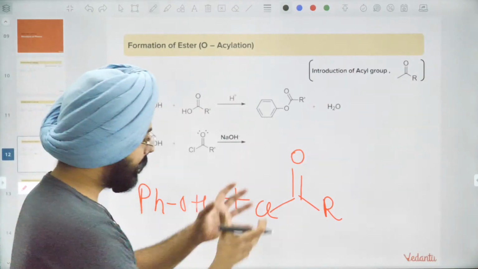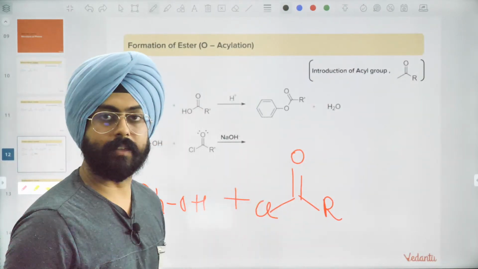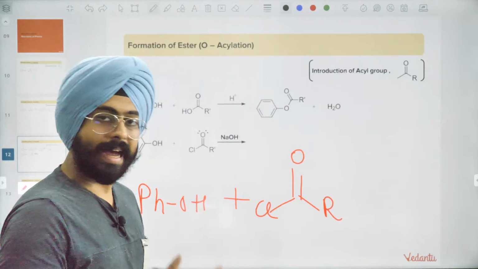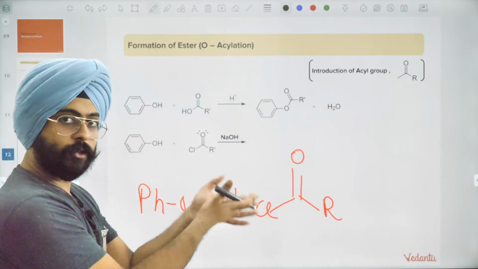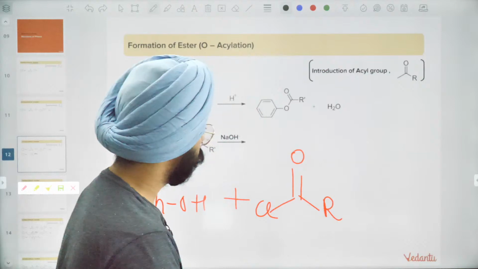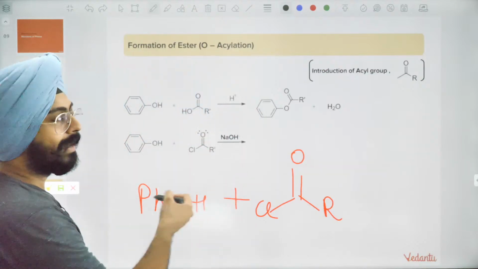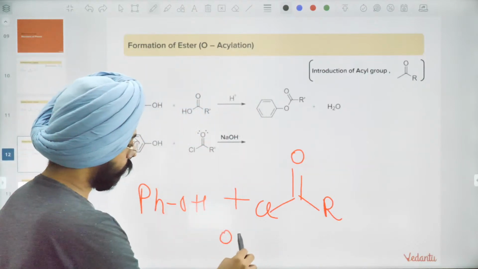Right? Why acyl chlorides? Because these are more reactive. Yes. Acids are not as reactive as acyl chlorides, so better take acyl chlorides to do the reaction. So we are catalyzing this reaction with the presence of an OH negative.